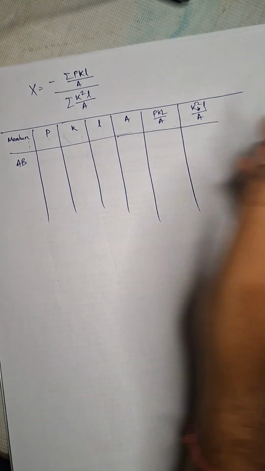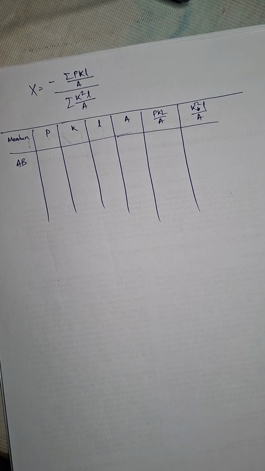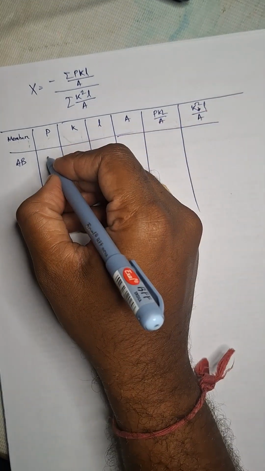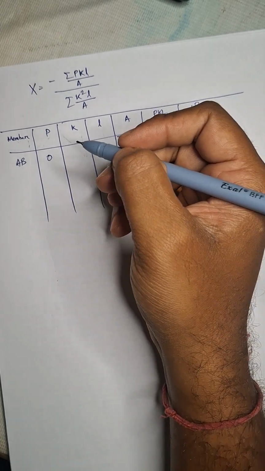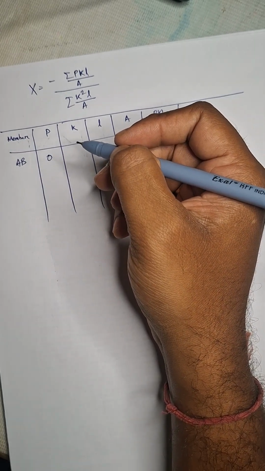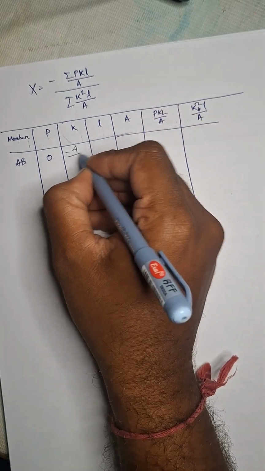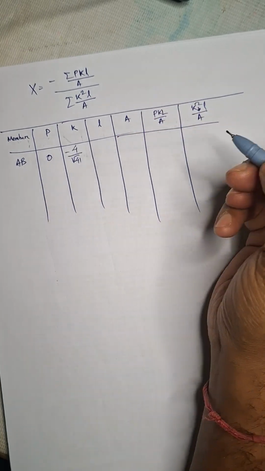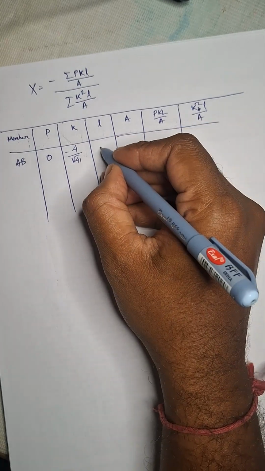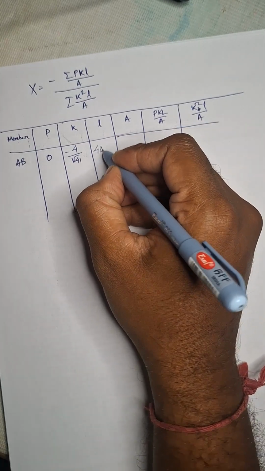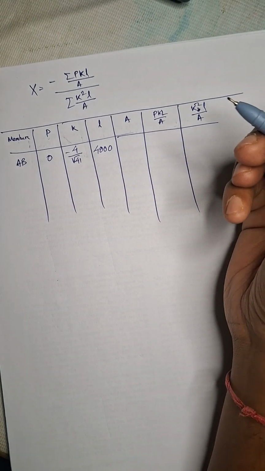For member AB, we have already found the member forces. What is PAB? We have got 0. Similarly, K for AB, how much did we get? Negative 4 divided by root 41. Length of member AB, it was 4, so let's write 4000 mm.